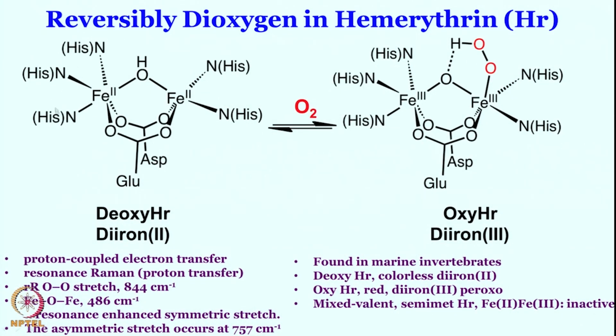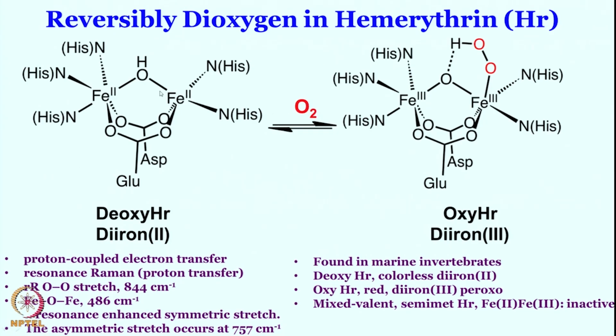These are not porphyrin rings, but have simple histidine ligation. These histidine ligations are quite phenomenal, quite important, because they provide the opportunity for these species, invertebrates, to carry oxygen.